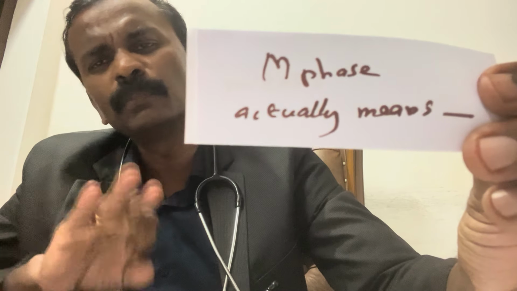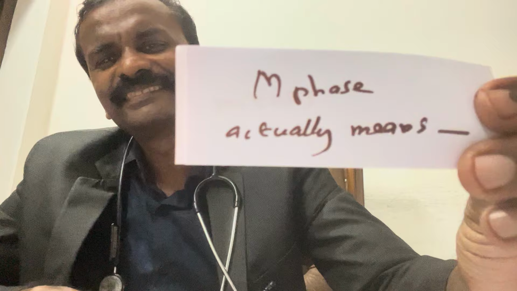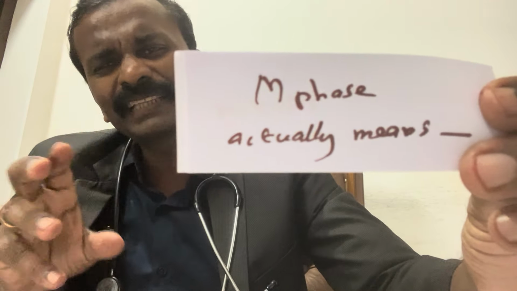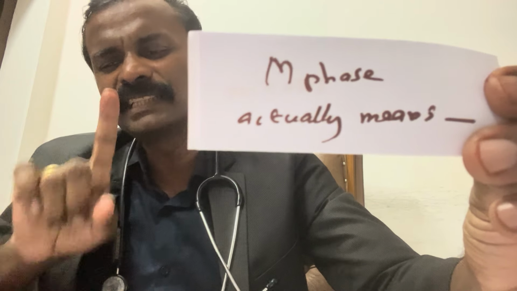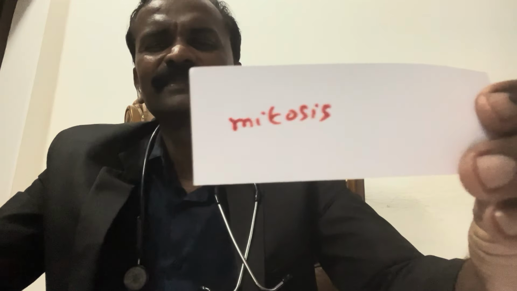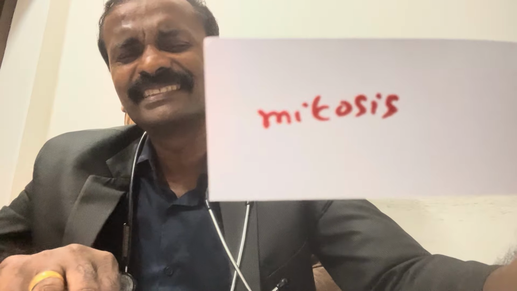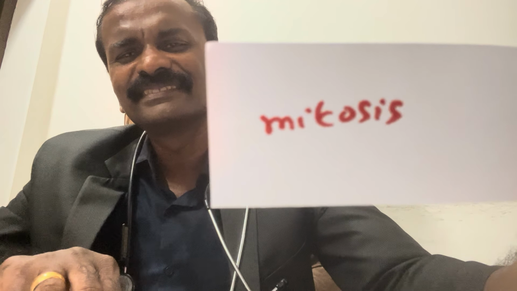They'll give mitosis, they'll give meiosis, and both. When they write the short form, M phase actually means mitosis. It is given in the textbook only. M phase actually means mitosis.